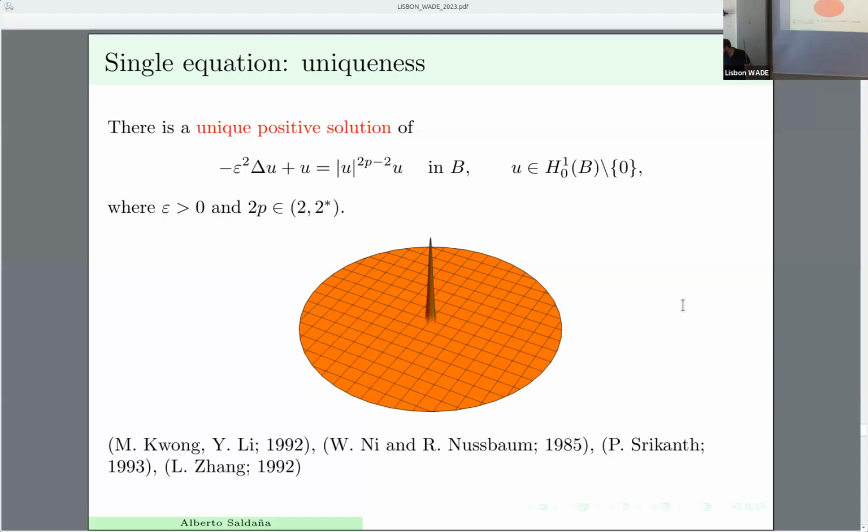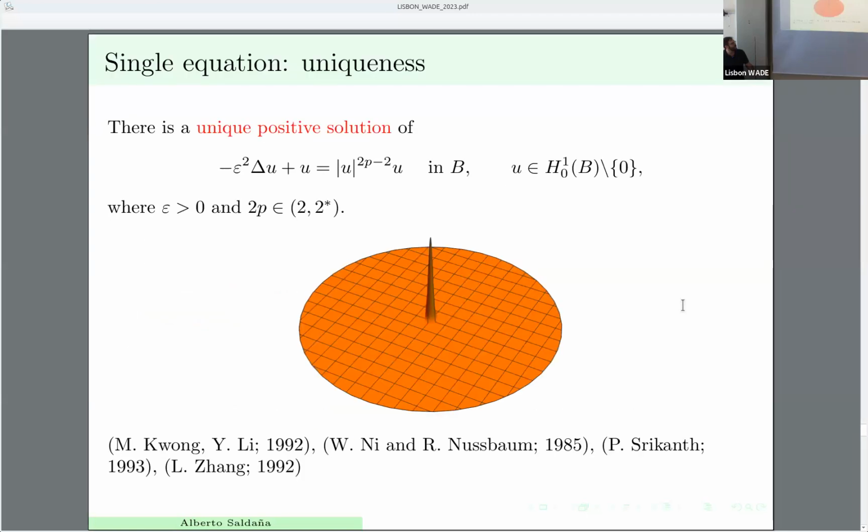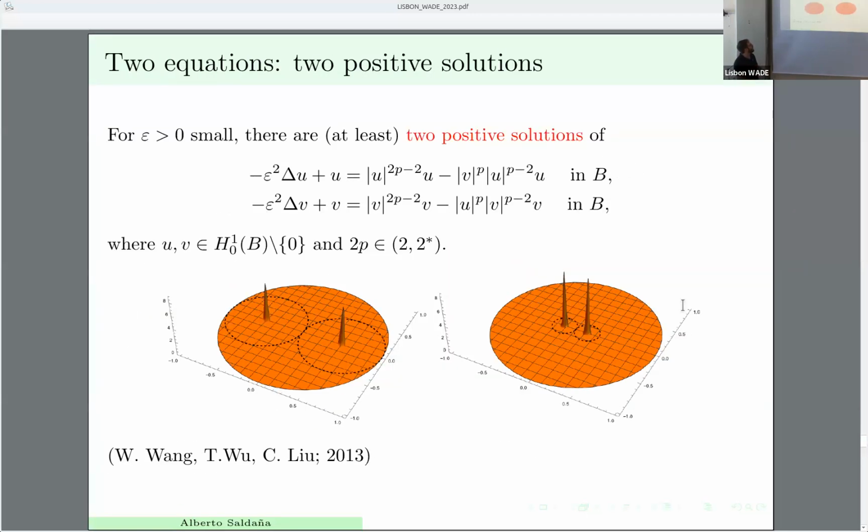So in view of this result, can we expect that the system will have perhaps only one positive solution? Well, there is also this result by Wang, Wu, and Liu that tells us that there are at least two positive solutions if we consider a system of two equations. Actually, they make a numerical analysis of the solutions, and they really look like these two pictures.